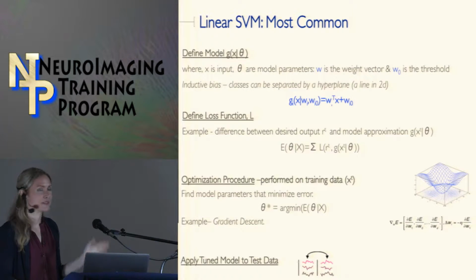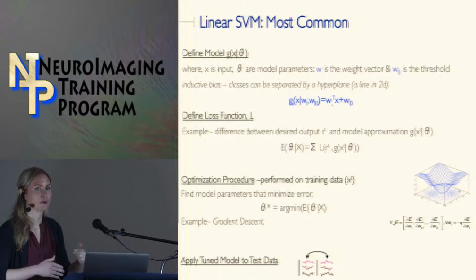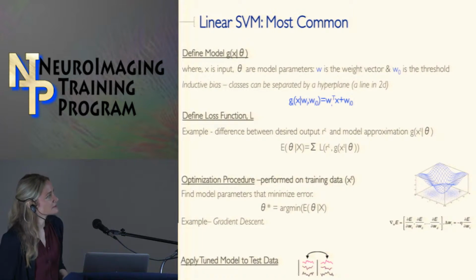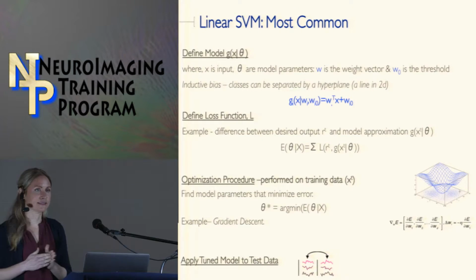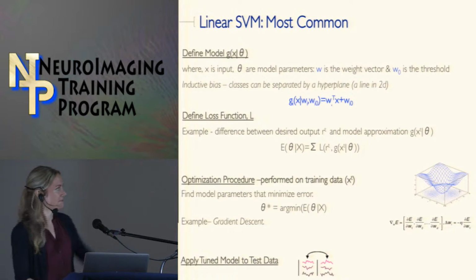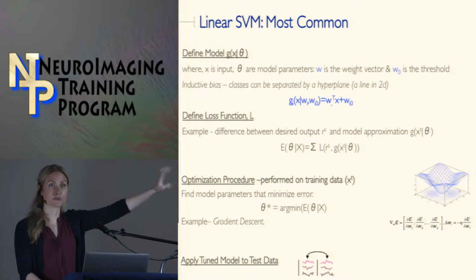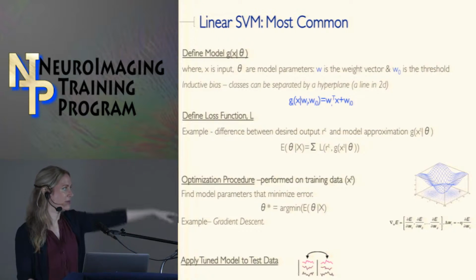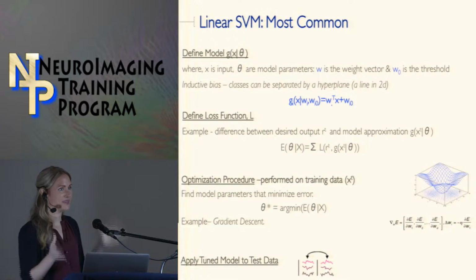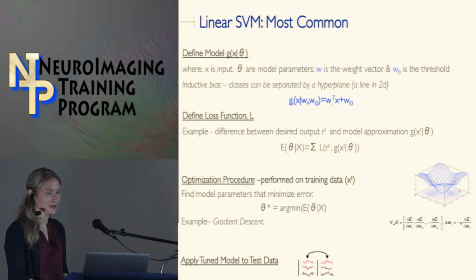An example of this would be gradient descent, where you take the gradient of the loss function, or the cost function, with respect to each parameter, and then you update those parameters within a loop. It doesn't have to be a loop, but most often it is. If you're using gradient descent, you would update the parameters against the gradient. Finally, once you have your model tuned on your training data, you then apply the tuned model to the test data.